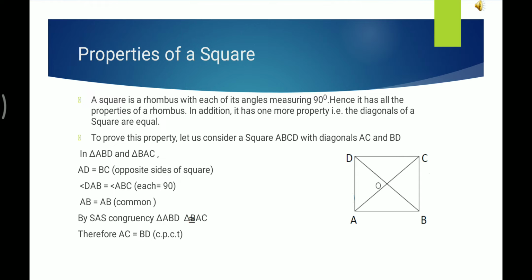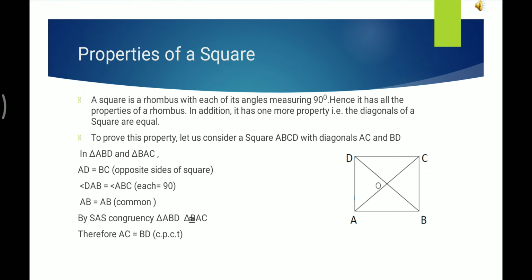AB is common, so AB is part of triangle ABD and AB is part of triangle BAC. So AB is equal to AB and is common. So by SAS congruency rule, triangle ABD is congruent to triangle BAC.